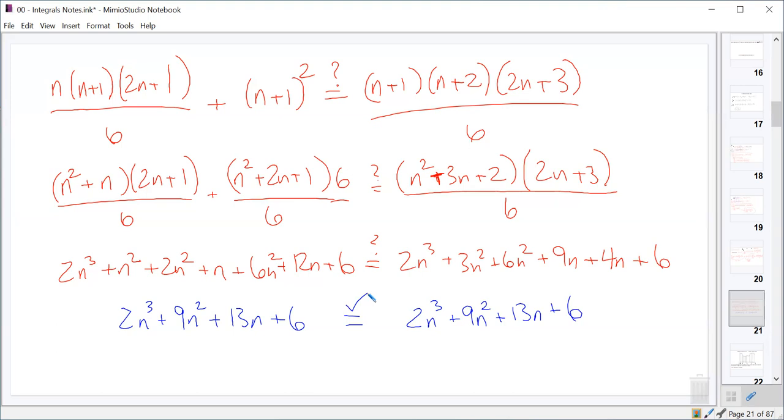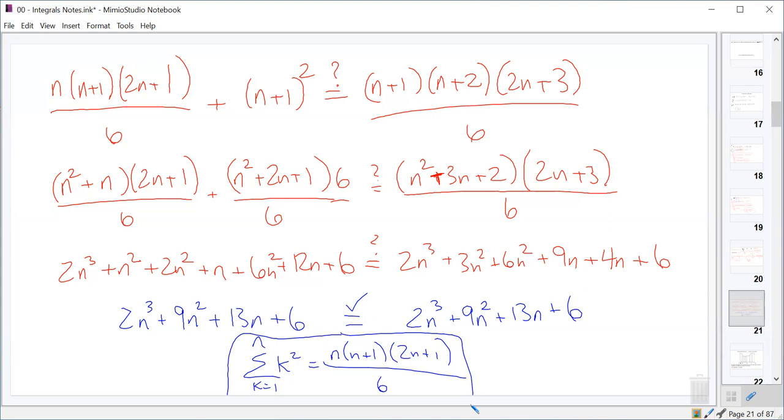So we're going to want to remember that formula, that the sum from k equals 1 to n of k squared is equal to n times n plus 1 times 2n plus 1 over 6. And we'll be using that quite a few times in the next couple of days.